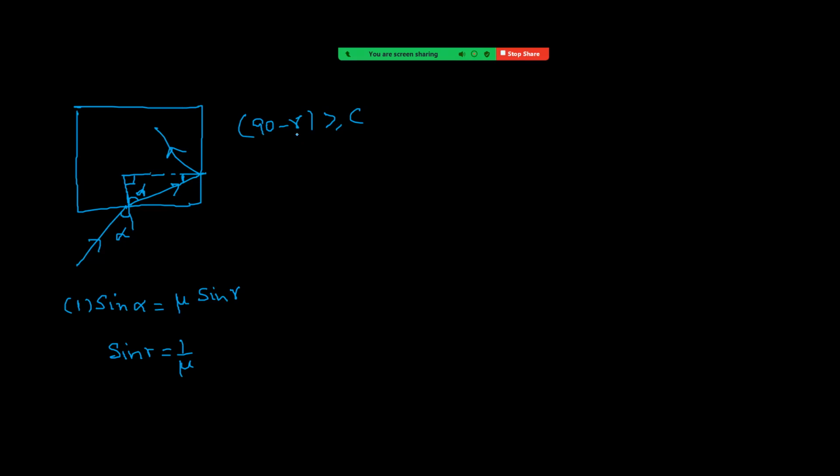Taking sine on both sides, this becomes cos r. Cos r, if you take the limiting case, equals sine c, 1 by mu. Sine r is 1 by mu, cos r is 1 by mu. That implies r value is 45. That means again the minimum value of mu must be root 2, so greater than or equal to root 2.